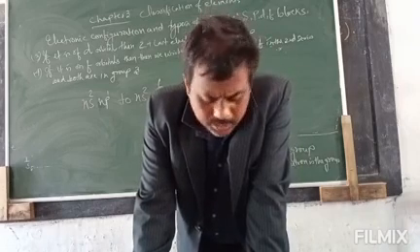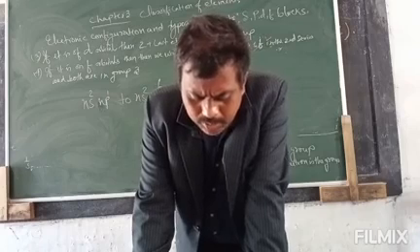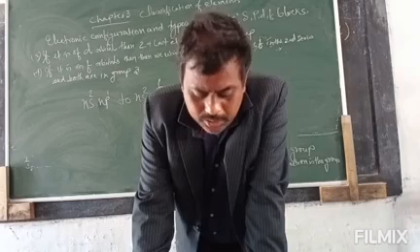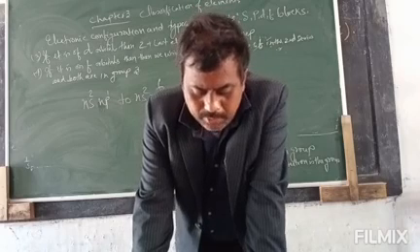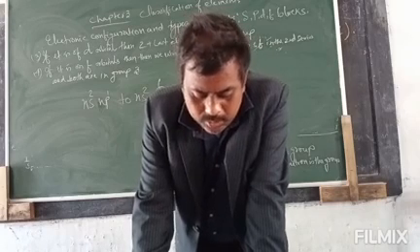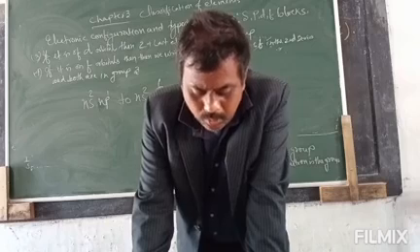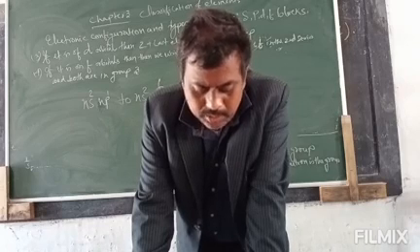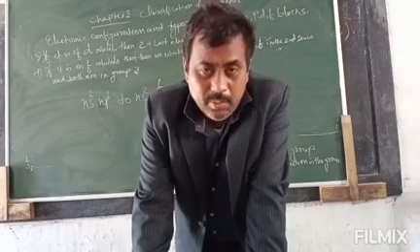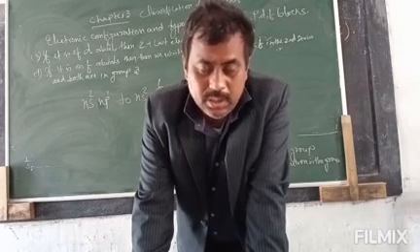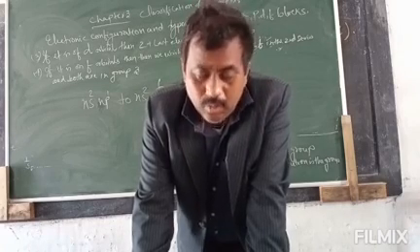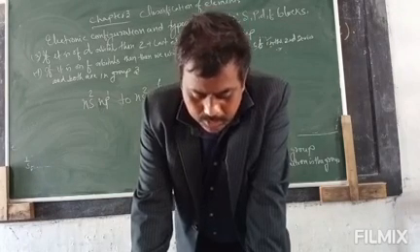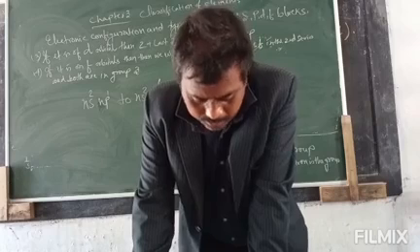Group 18 elements are generally called noble gases, and group 17 elements are called halogens. Halo means salt forming, as most of the elements in group 17 combine with metals to form salts, because of that they are called halogens. And group 16 elements are called chalcogens.